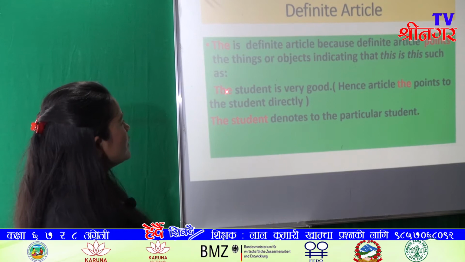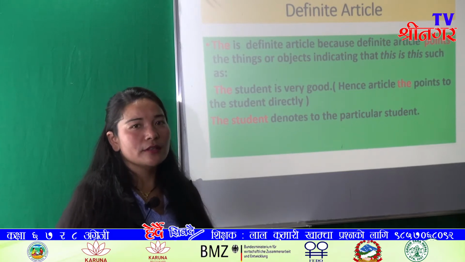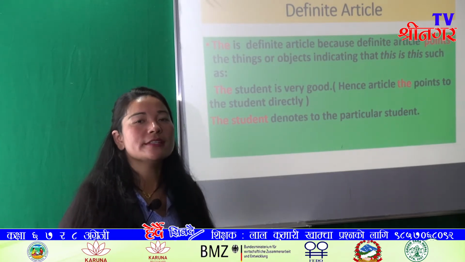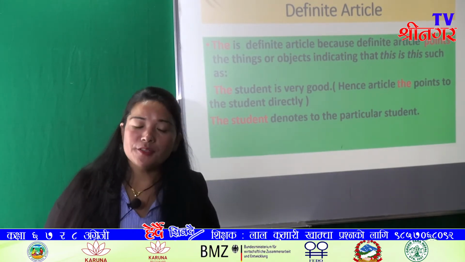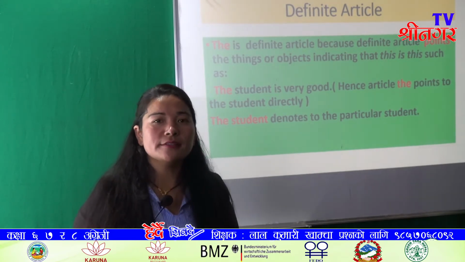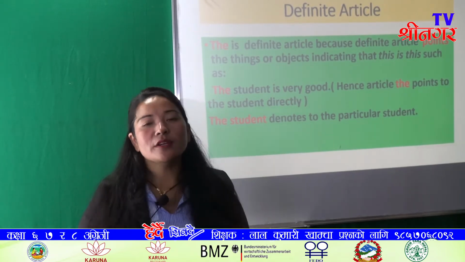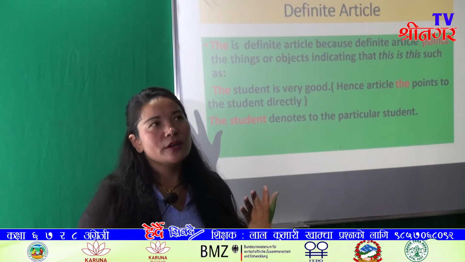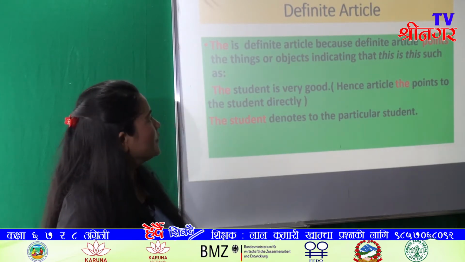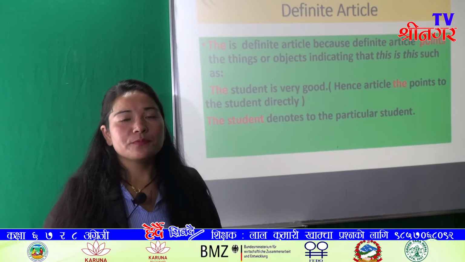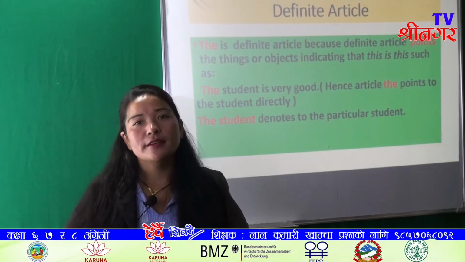Here the indicates a particular student about whom we are talking, who is very good. Have you understood or not? Indefinite articles do not point to a specific person, place or thing. But definite articles point to a specific person or a specific thing.